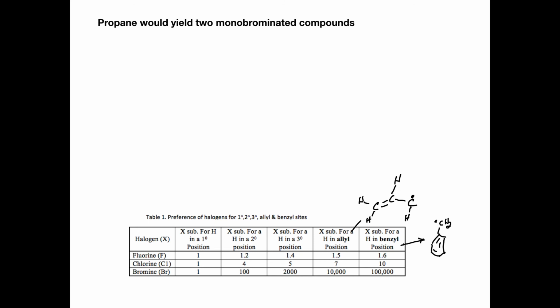Okay, so let's think about propane yielding two different types of monobrominated compound. All right, so let's draw out propane. I'm going to use a blue font for secondary hydrogens, and I'll use a red font for any primary.